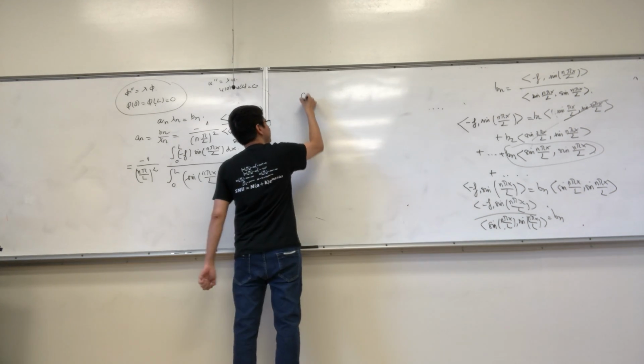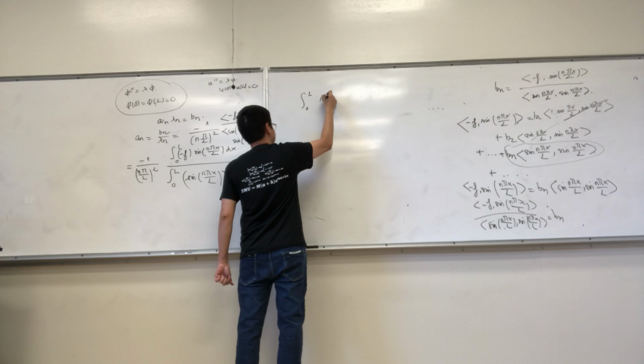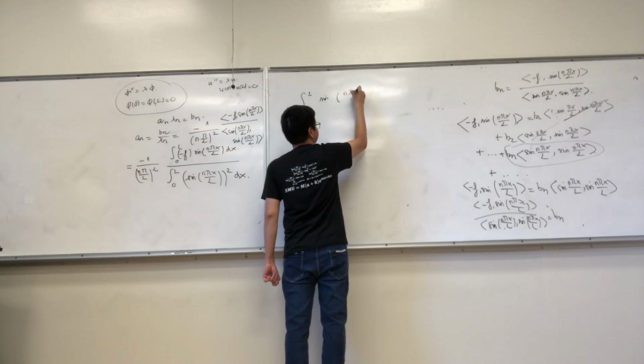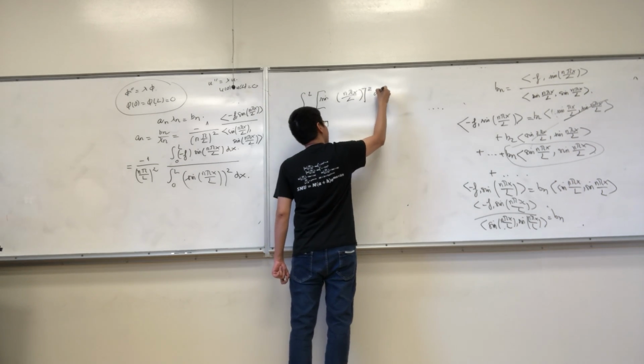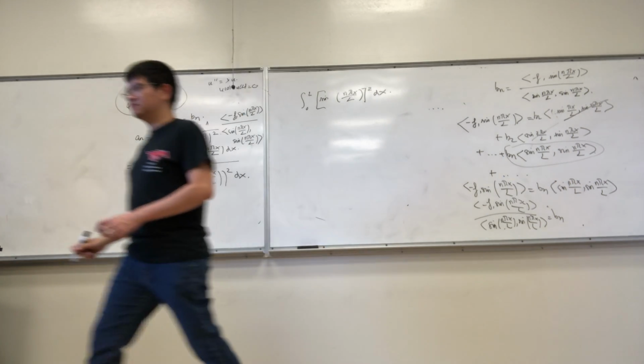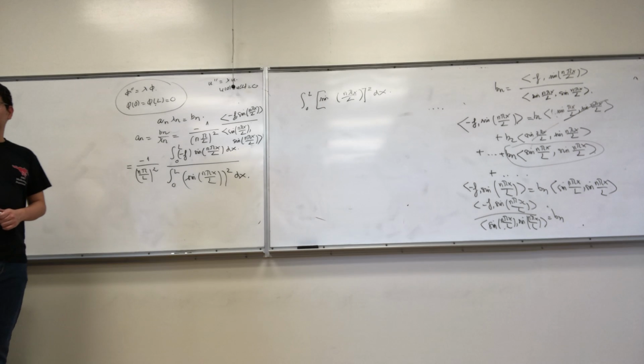So now I have to compute the integral from 0 to L of sinus of n pi x over L squared dx. All right. So how can I compute this integral?